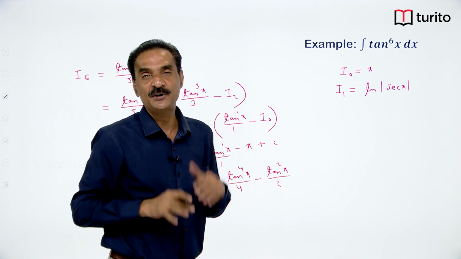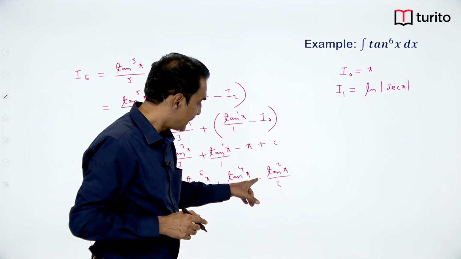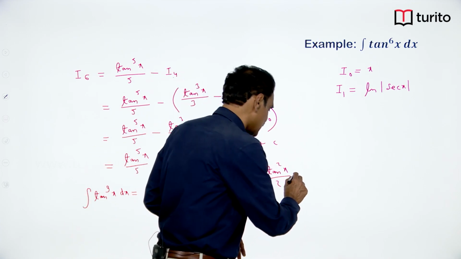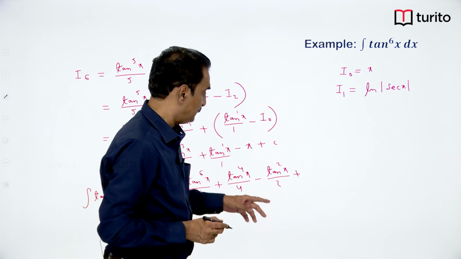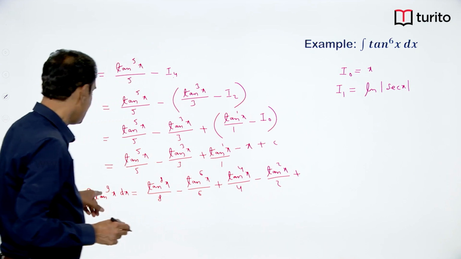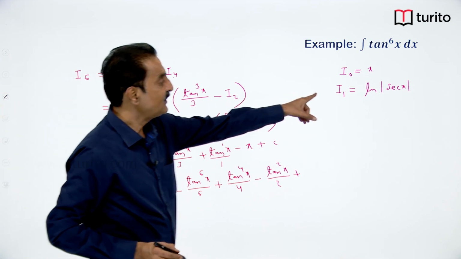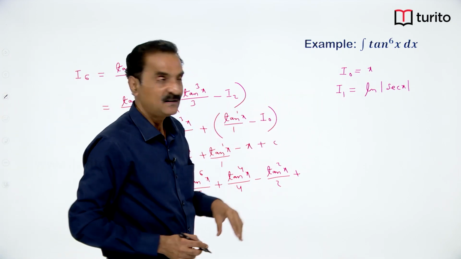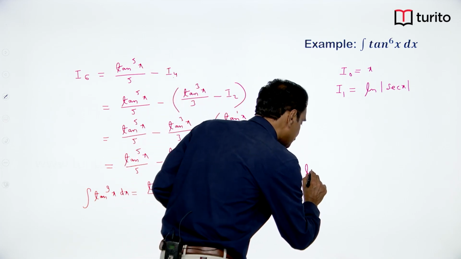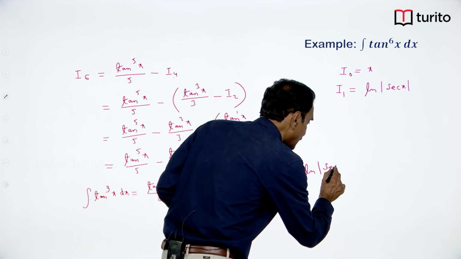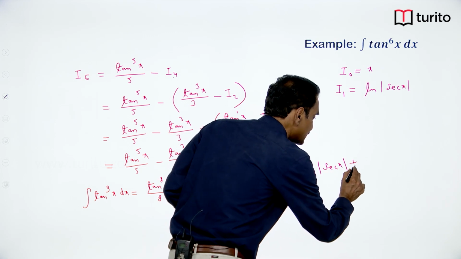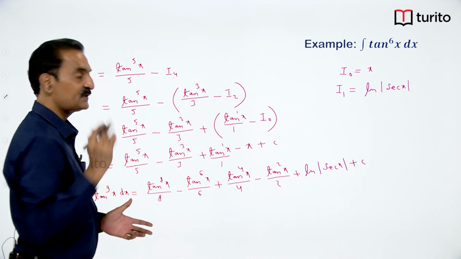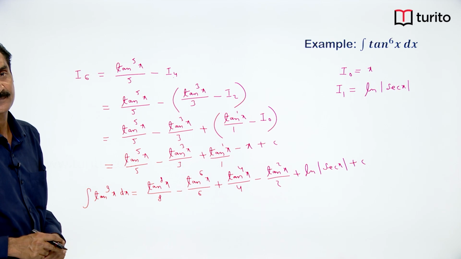So, next term is going to be the last term. What is the sign? After minus we get plus. N is odd. So, last term will be I1. What is I1? Directly write log mod secant x plus c. So, this is the direct integral of tan power 9x.